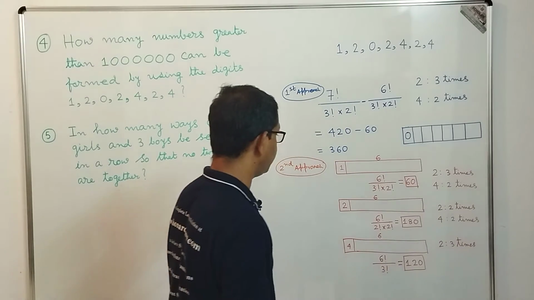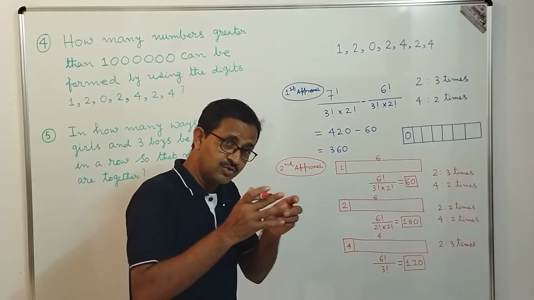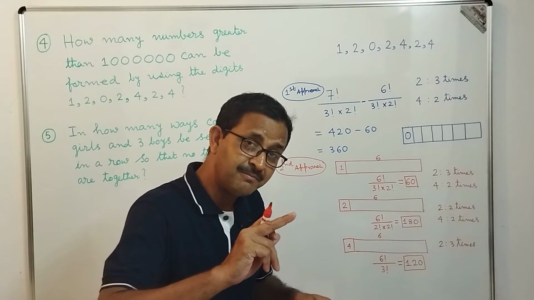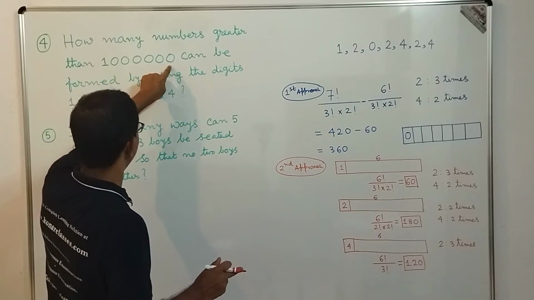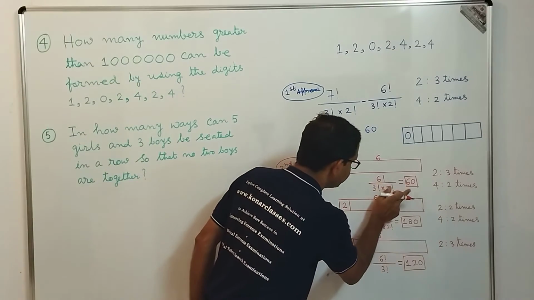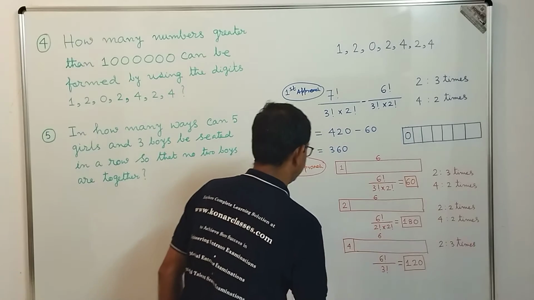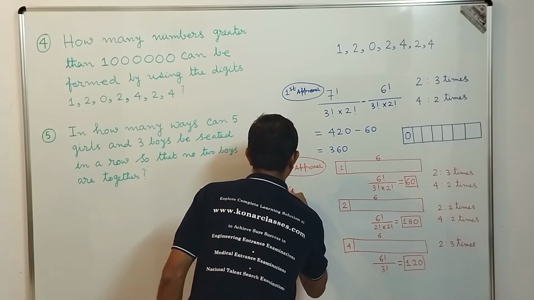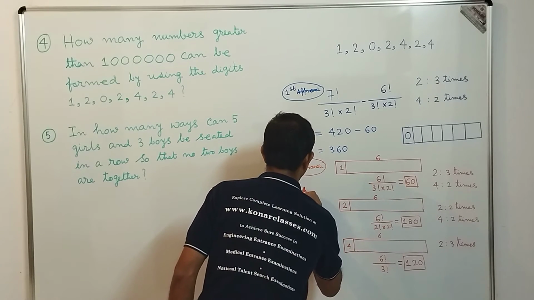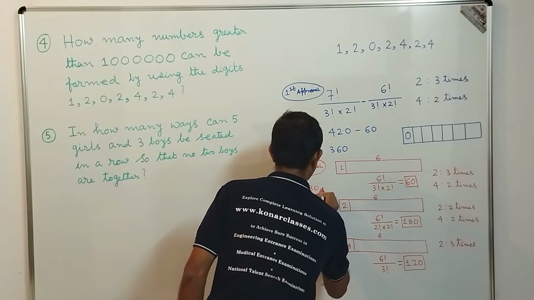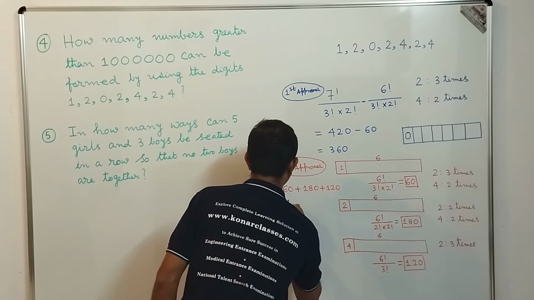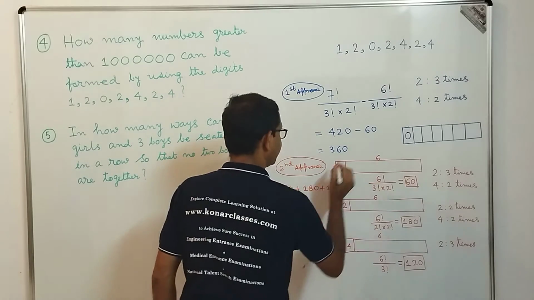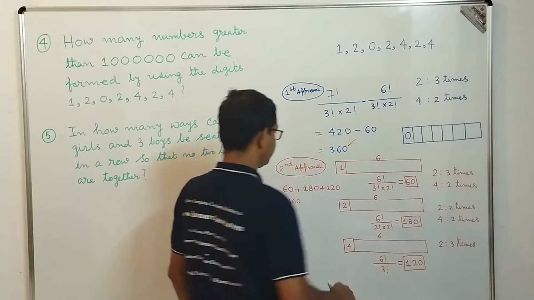So the total arrangements where the number is greater than 1000000 should be the addition of 60 plus 180 plus 120, and that is equal to 360, which is matching with this number. Here we got 360.